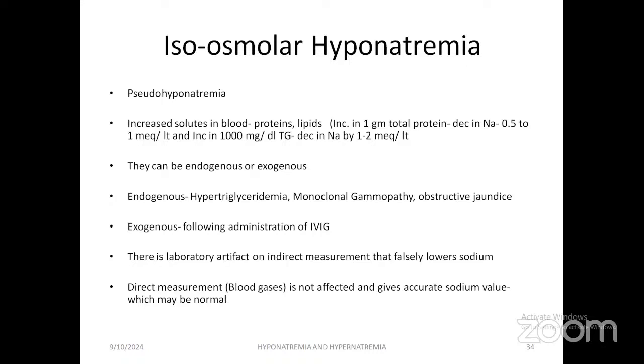They can be endogenous or exogenous. Endogenous causes are hypertriglyceridemia, monoclonal gammopathy, and obstructive jaundice. Exogenous is following administration of IVIG. There is a laboratory artifact on indirect measurement that falsely lowers the sodium concentration. Direct measurement is not affected and gives us the accurate sodium value, which may be normal.